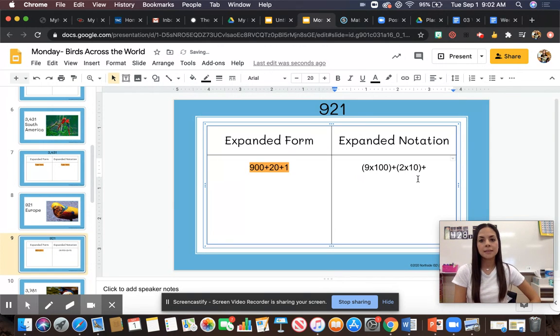And then my last thing is my addition symbol, and then I'm moving on to my last place. So again, with my parentheses, I'm looking at that number. I have a 1, so I'm going to bring that down, 1. Groups of or times, and then that 1 is in the ones place, so it's simply going to just be 1 times 1. And that is the expanded notation form of this number, okay?